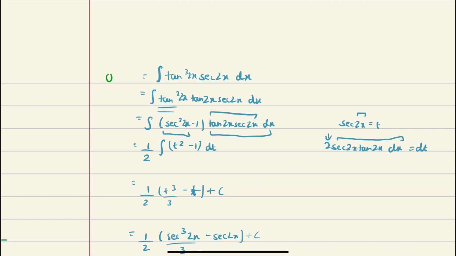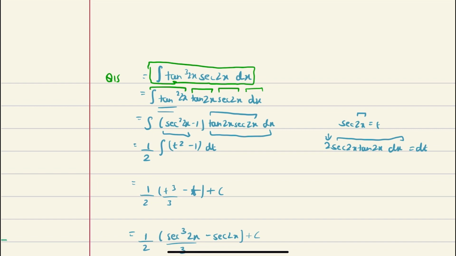So this is question number 15, and this was the question. We split it up into tangent squared of 2x, then tangent 2x, then secant 2x dx, as we always want to do with a question involving tangent x and secant x.